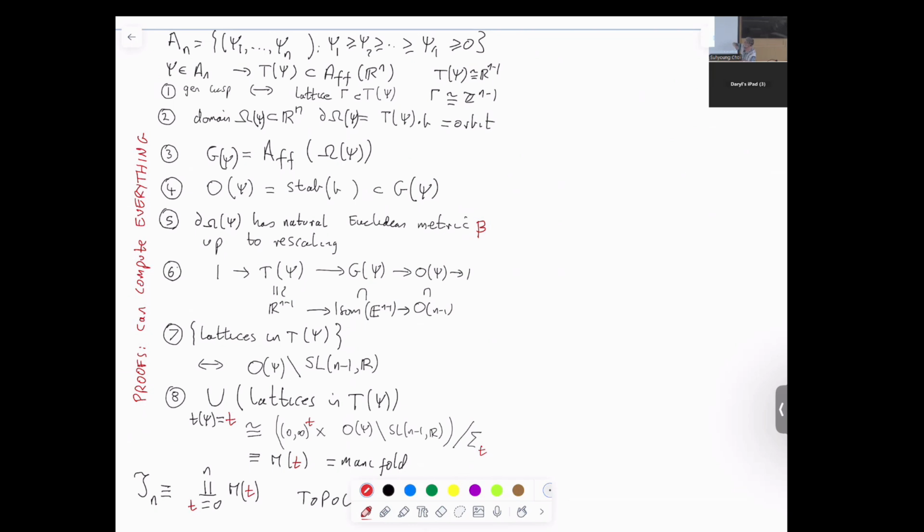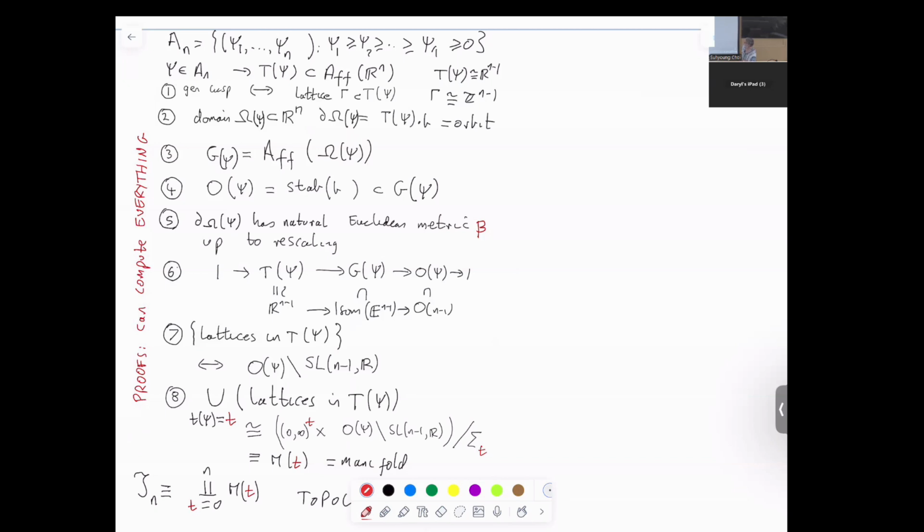The orthogonal group for type 0, that was when psi is 0, would be the orthogonal group acting on the horosphere. So that would be the orthogonal group in dimension n minus 1. At the other extreme, when psi is diagonalizable, the orthogonal group is going to be a subgroup of the permutation group acting on these coordinates. So you get this compact subgroup, the stabilizer of a point, inside of here.